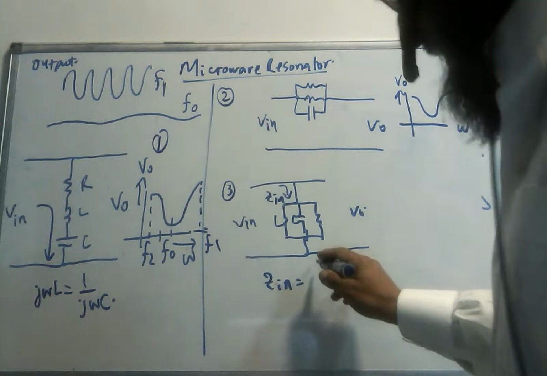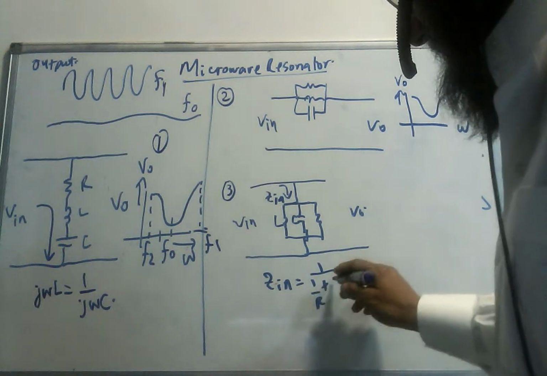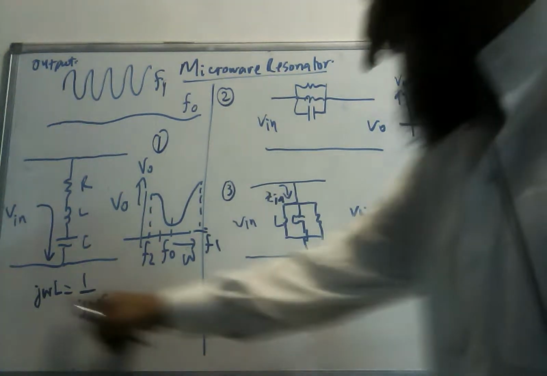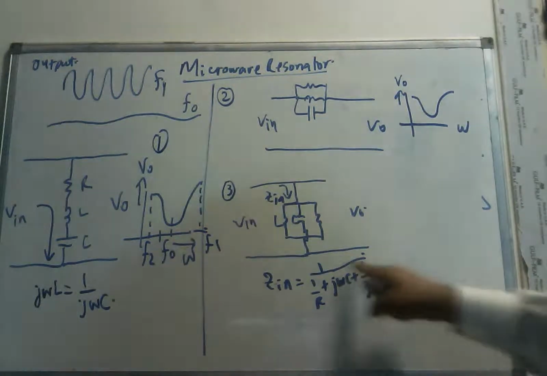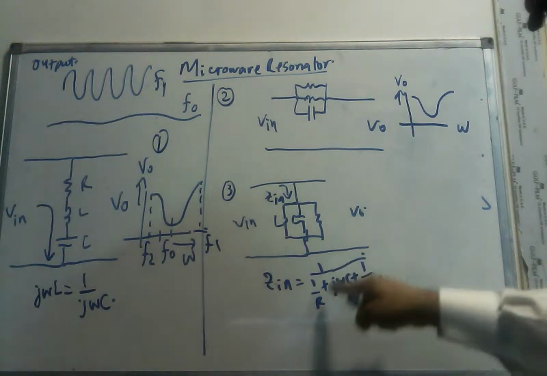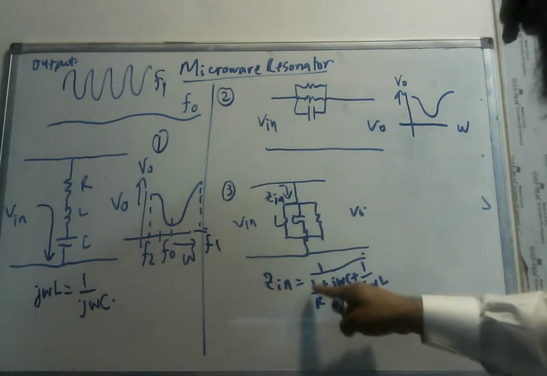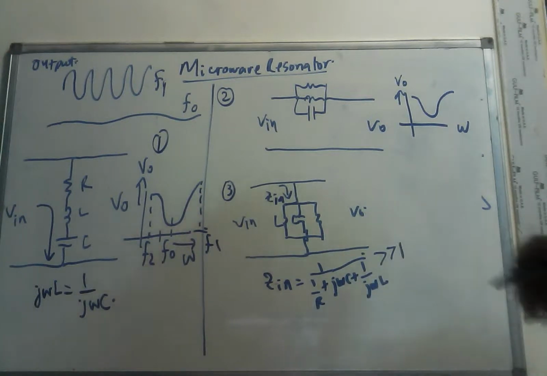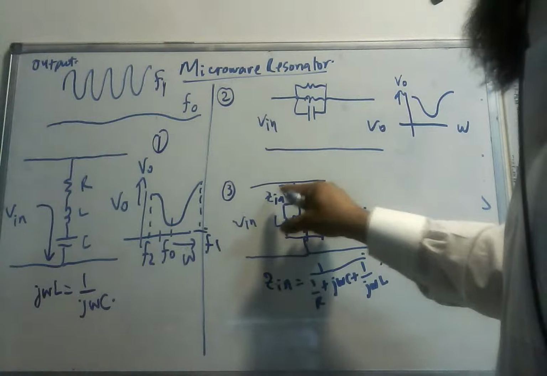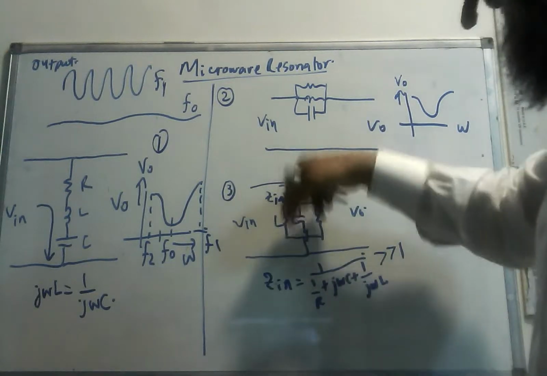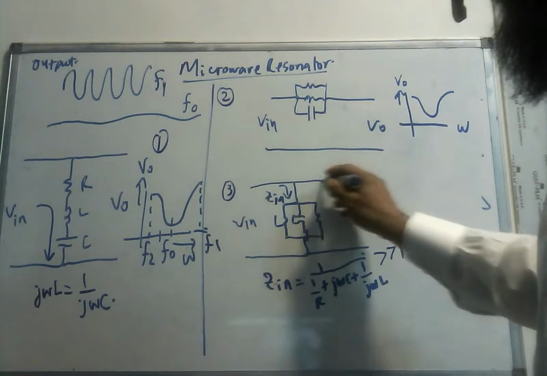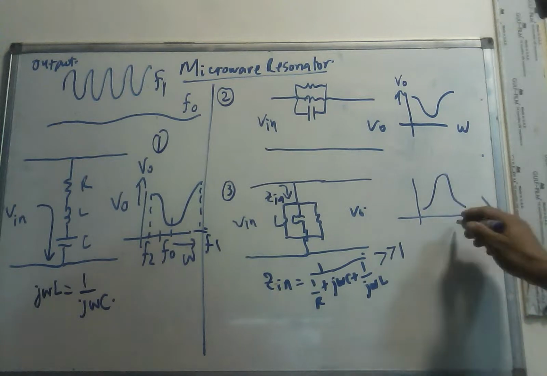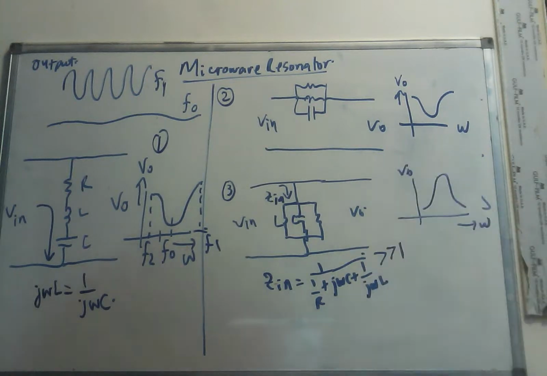It is 1 divided by 1 over R plus j omega C plus 1 over j omega L. So when this condition is satisfied, this becomes 0, and this is 1 over R. So this becomes a high number, much, much larger than 1. Which means that in this direction there is a very high impedance. So all the voltage, all the power, will go on this side. So the voltage versus frequency will look like this.